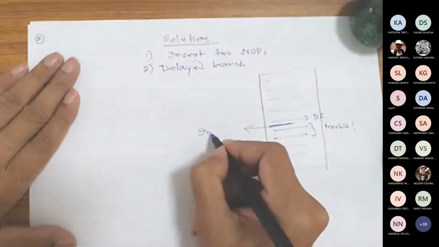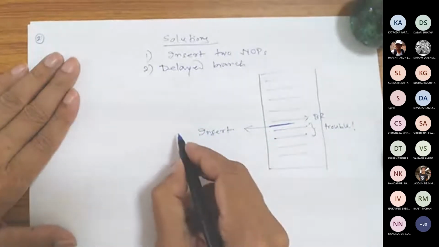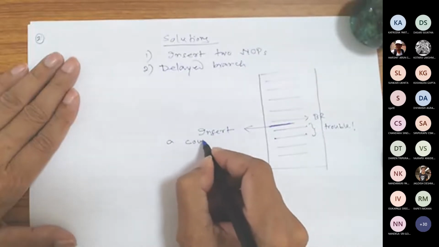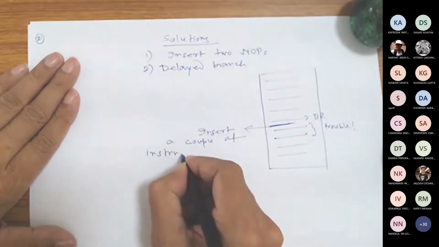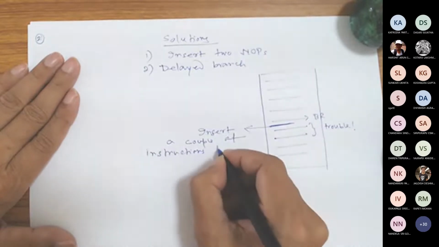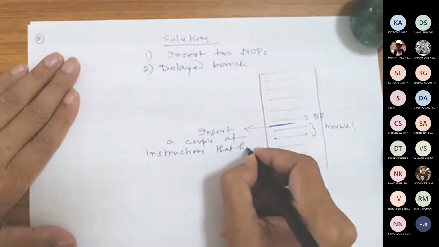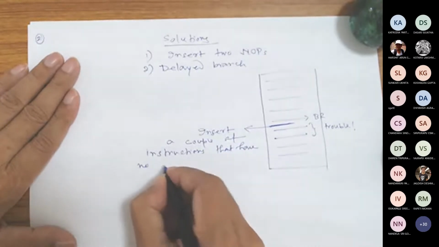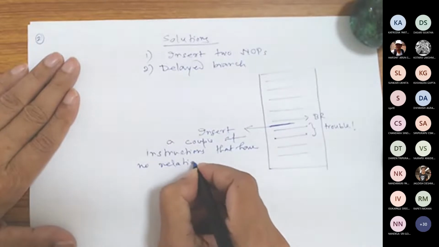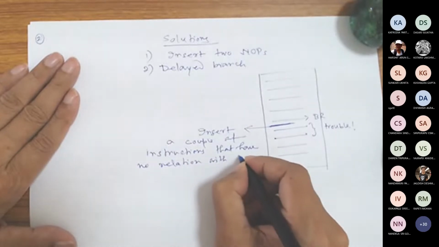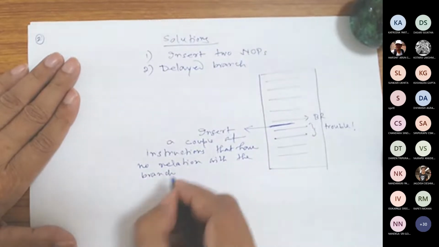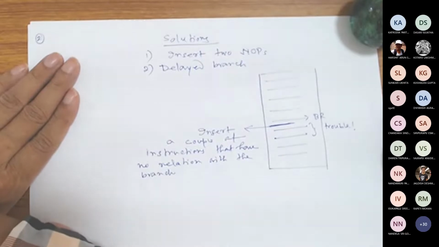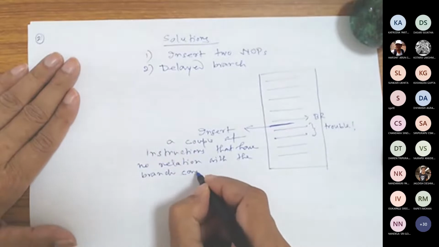Solution is insert a couple of instructions that have no relation with the branch condition.